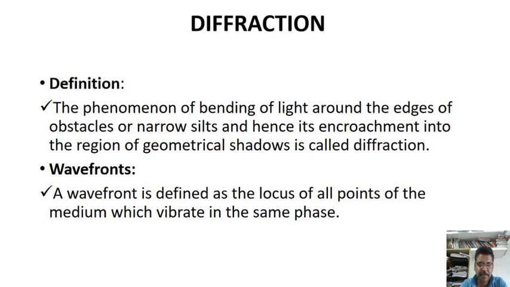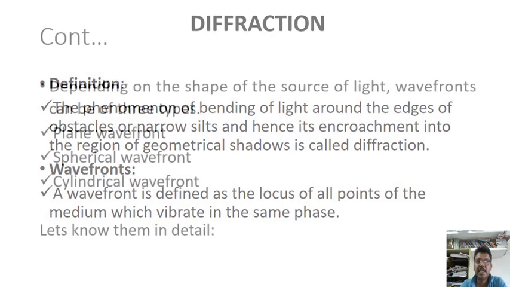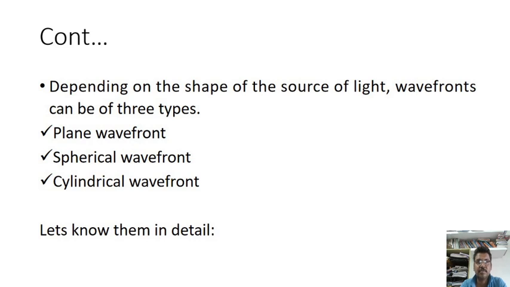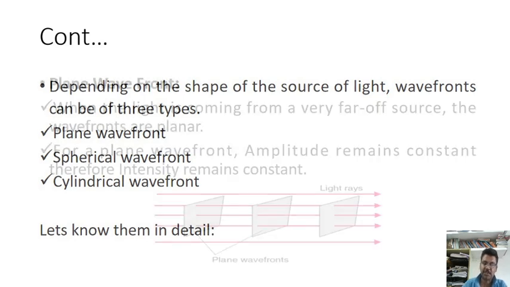Depending on the shape of the source of light, three types of wavefronts are formed: plane wavefront, spherical wavefront, and cylindrical wavefront. Let us know the details of these different kinds of wavefronts.